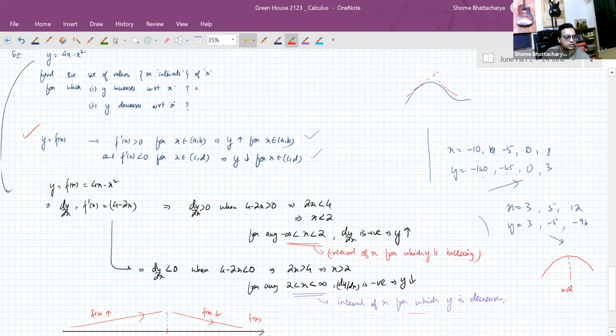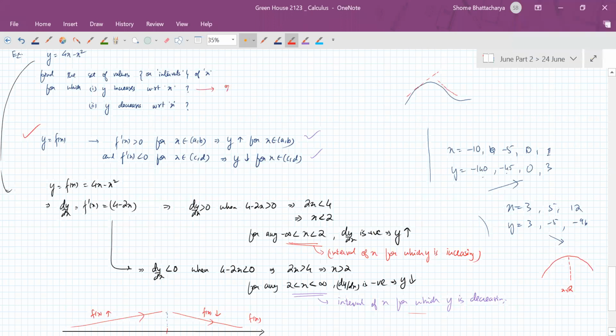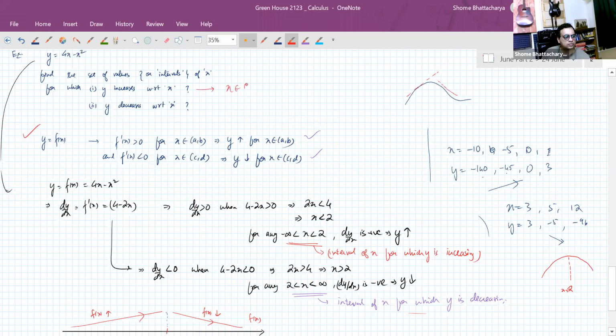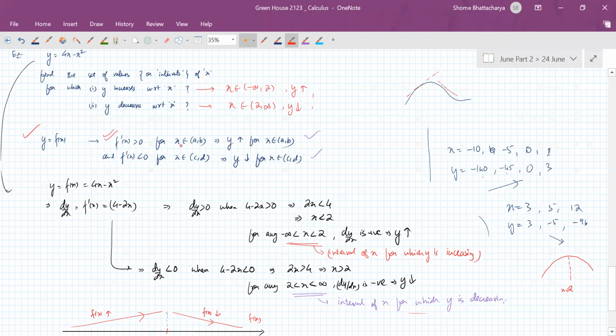That for x belonging to the interval minus infinity to 2, the function is increasing. And for x belonging to 2 to infinity, the function is decreasing. But how did we get this? We got this by analyzing this information. This was the method that we used. Understood?